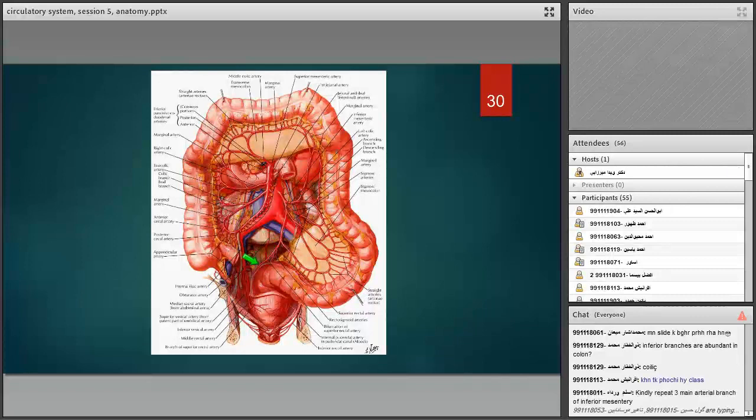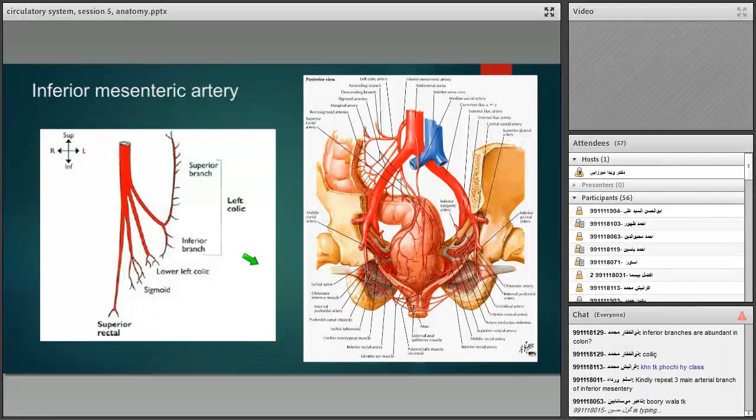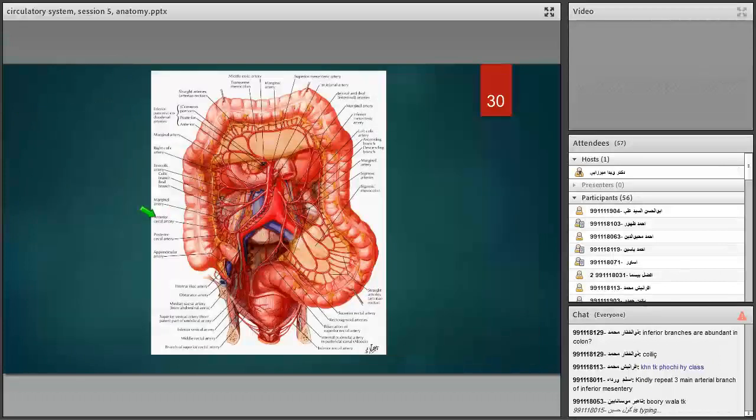The last point, the inferior mesenteric artery, we said we have three general branches, three main branches. Left colic for the descending colon. Left colic here for the descending colon.